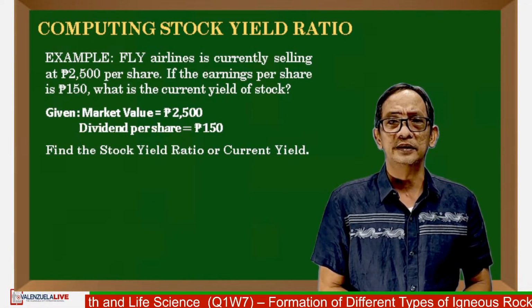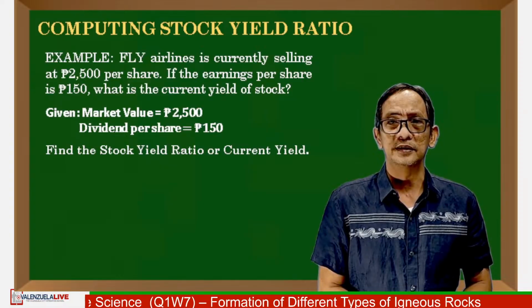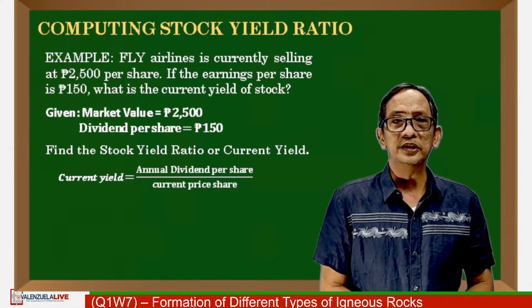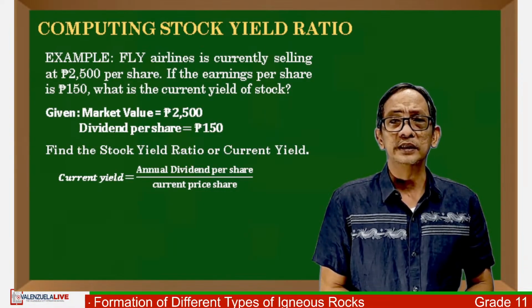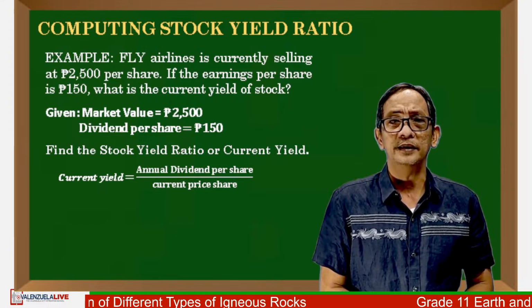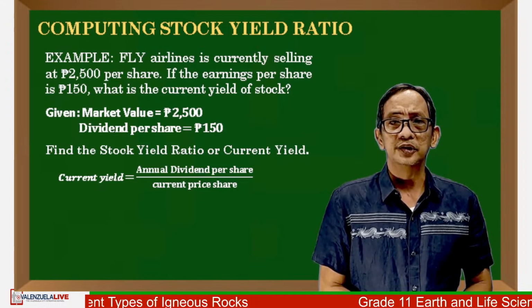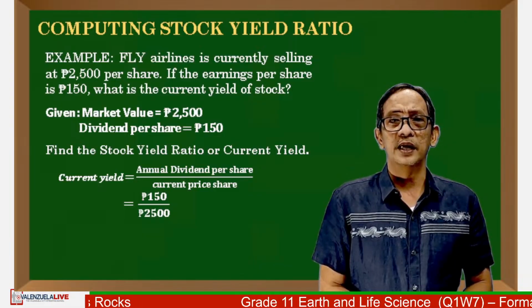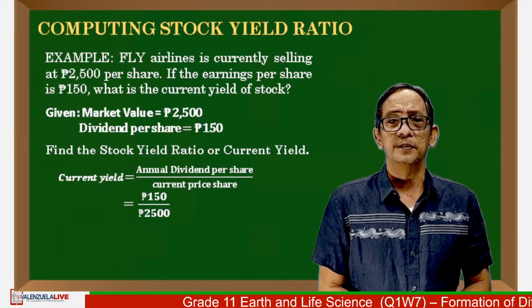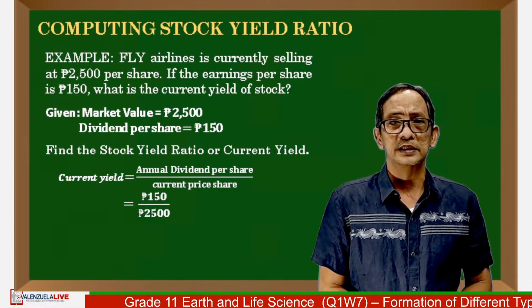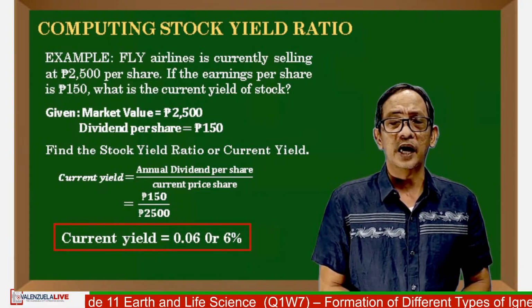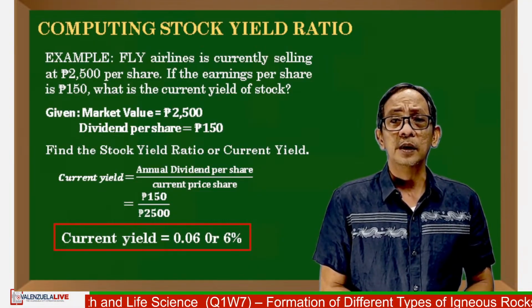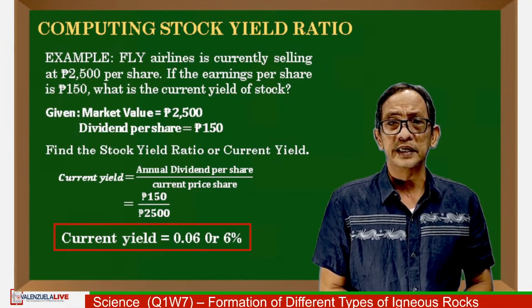Find the stock yield ratio or current yield. Current yield is equal to annual dividend per share divided by current price share. Substituting the values, 150 pesos divided by 2,500 pesos, that will give us the answer. Current yield equivalent to 0.06 or 6%.